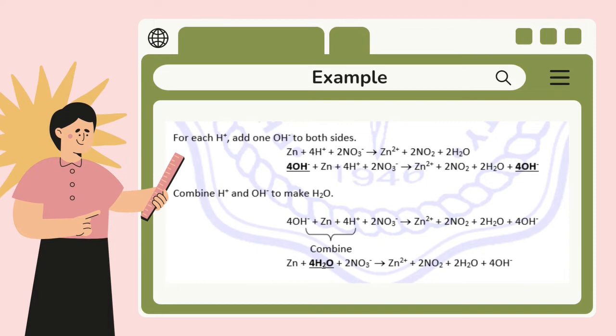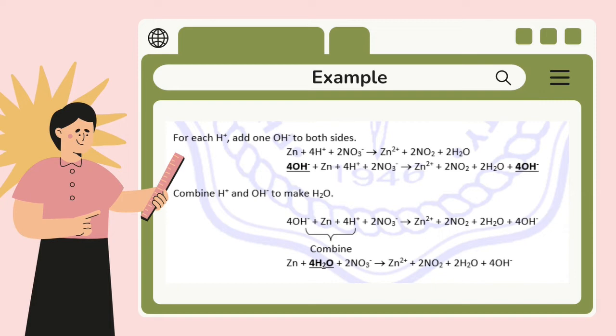So for each H+, add 1 OH- to both sides. With that, we're going to be adding 4 hydroxide on both sides, both on the right side and on the left side.